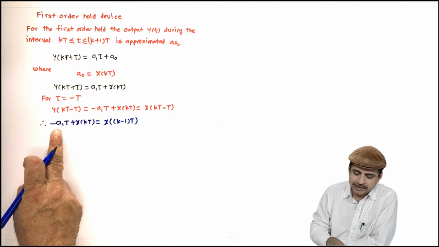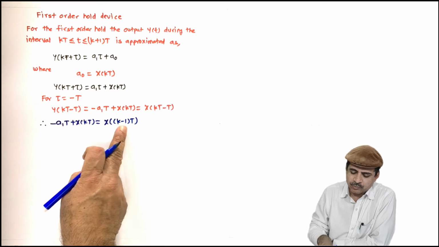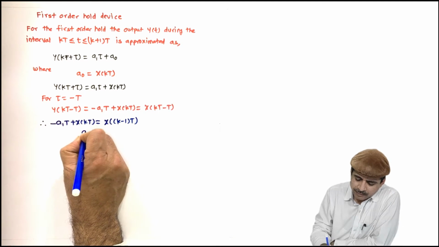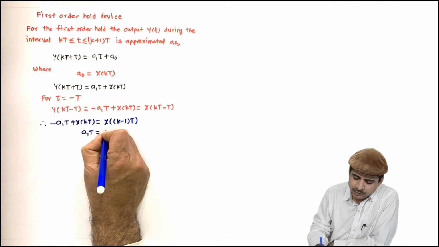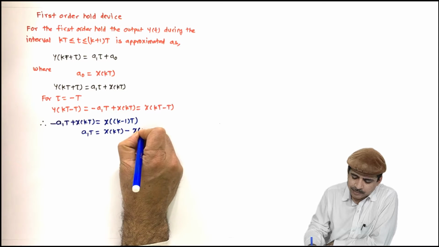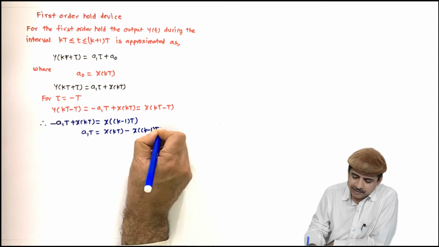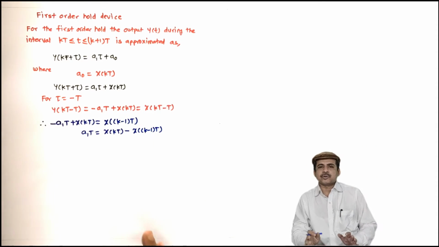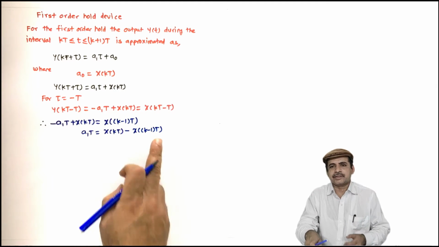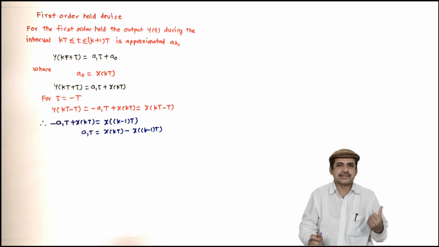And from this, I will take this term this way and this term on the LHS. I get a1 T equal to x of kT minus x of (k minus 1)T, and both are available. X of kT is also available because it is the current sample, and x of (k minus 1)T is also available because it is the previous sample.